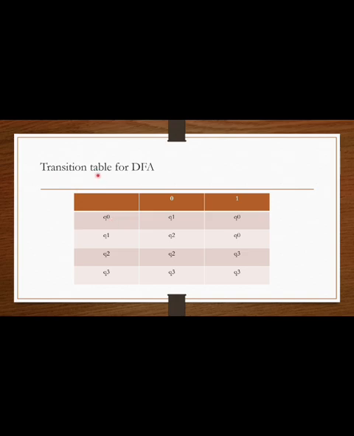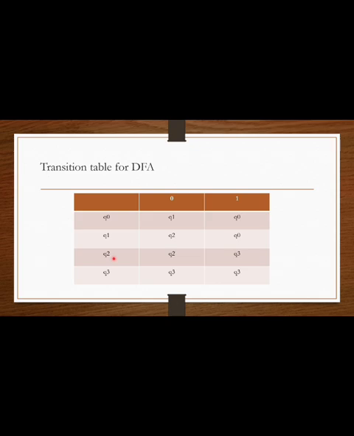This is the transition table for the DFA. Each row represents the states and the columns show what happens when we read input 0 or 1. In the state Q0, if the input symbol is 0, it moves to the state Q1, and for the input symbol 1, it remains in the same state because it is self-looped. Then for the state Q1, if the input symbol is 0, it moves towards Q2, and for the input symbol 1, it moves towards Q0.